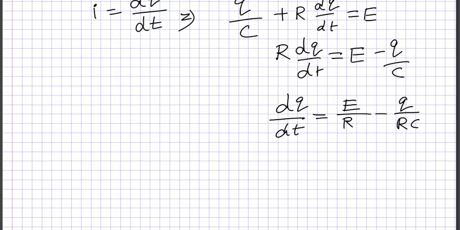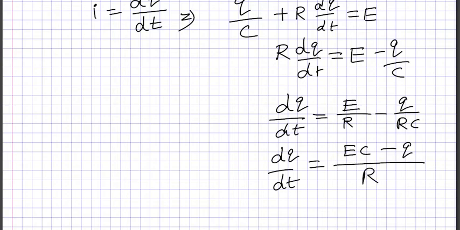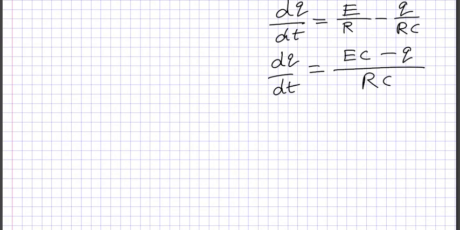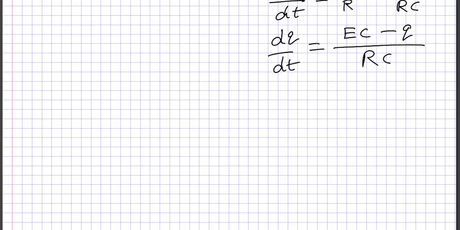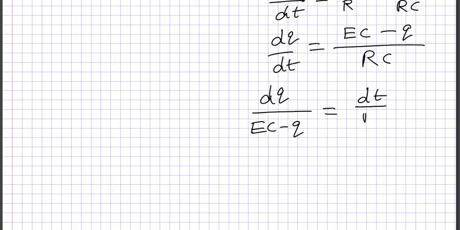Rearranging the terms, dq by dt is equal to (EC minus q) by RC. Now I bring EC minus q under dq, so dq by (EC minus q) is equal to dt by RC.